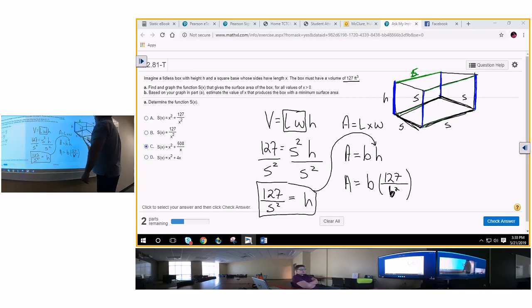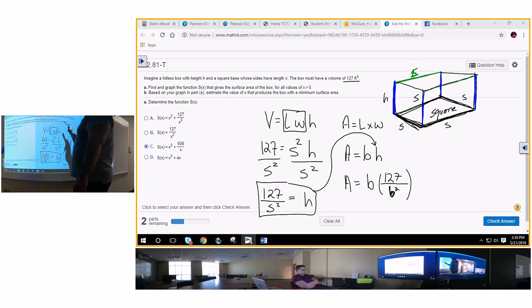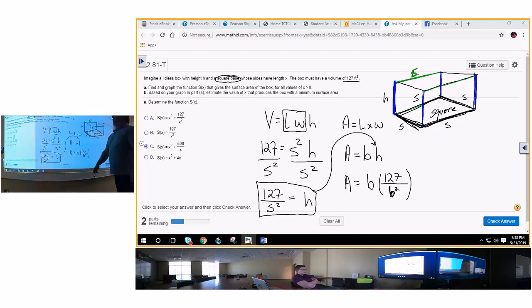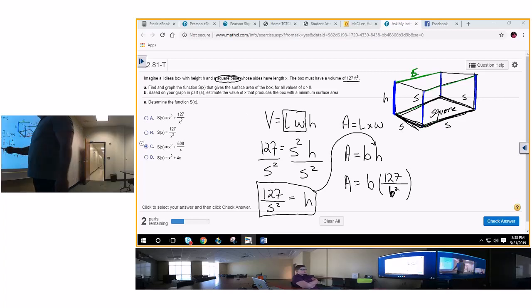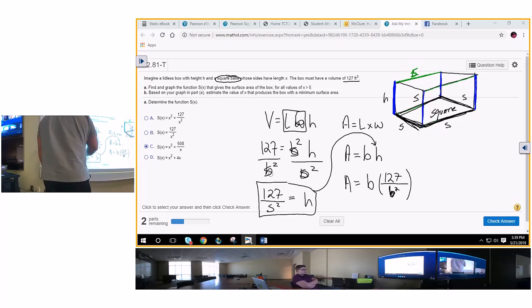So the bases are all the what? All the same. This is a square. So you could have said base times height right here. You could have done that. Base squared divided by base squared. Could have done that.